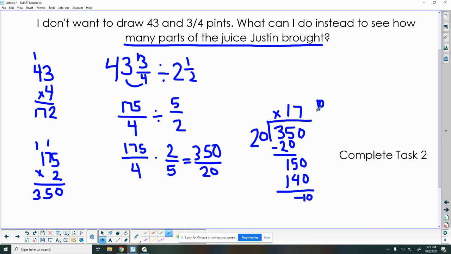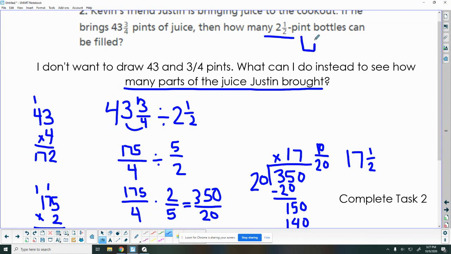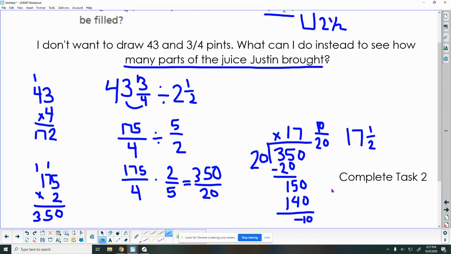So I have 10 left out of 20 pieces. 10 is half of 20. So it looks like they can fill up 17 and a half 2.5 pint bottles. They have these bottles that are 2.5 pints, and they can fill up 17 and a half of those.